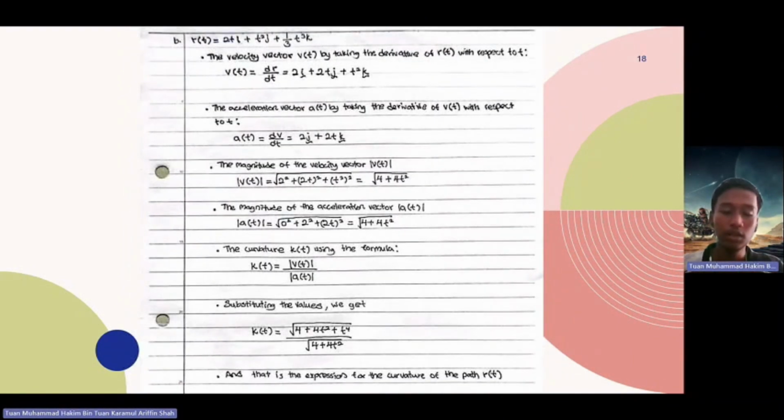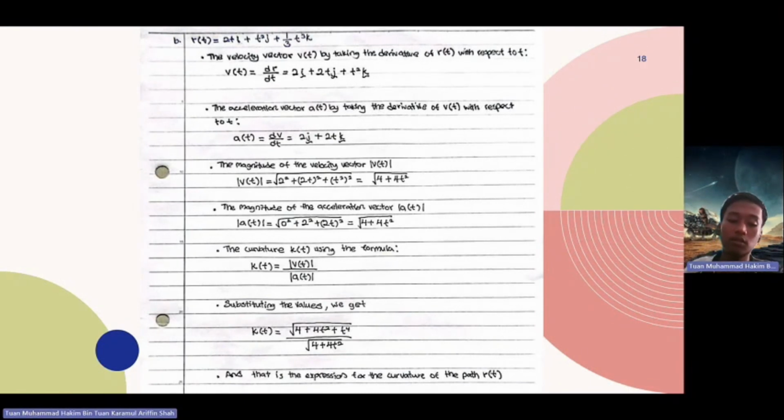Question 5B, the question gives r(t) equal to t i plus t squared j plus 1 over 3 t cubed k. First, we do the same as question 5A, which is differentiate. First differentiate to get the velocity vector by taking the derivative of r(t) with respect to t. And the answer for a(t) equals dv over dt equals 2j plus 2k.